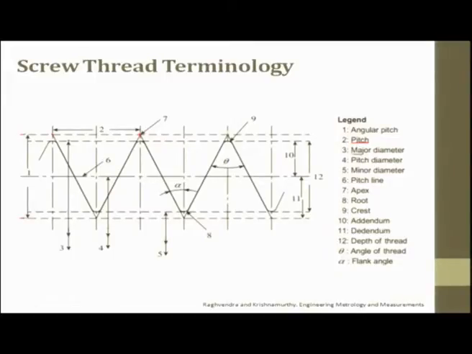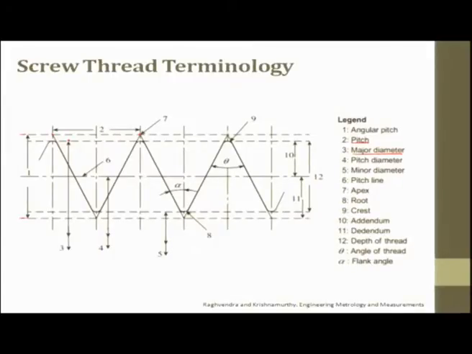Next one is going to be major diameter. Major diameter is measured between this point, and you see there is a crest here. From the topmost point to the opposite side topmost point is called the major diameter.